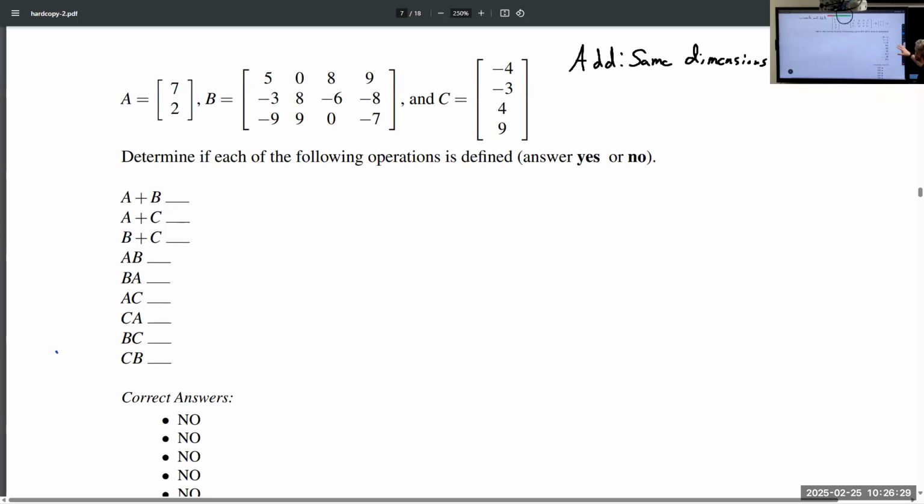So if it's 2 by 1, the only way we can add it is it has to be 2 by 1. They have to be the same.